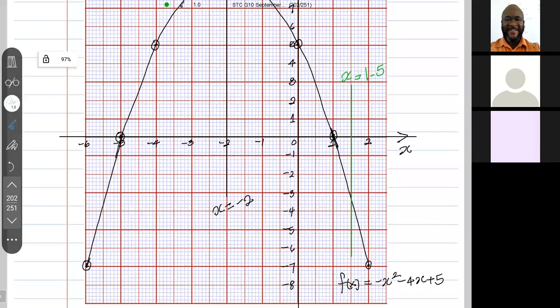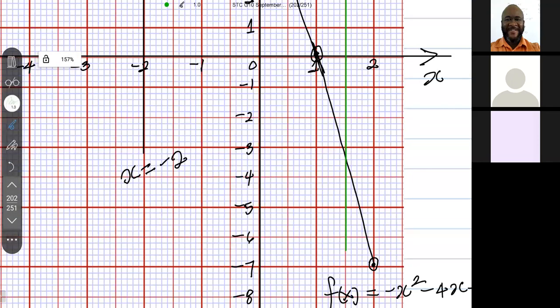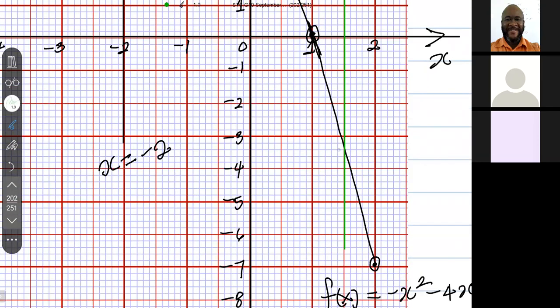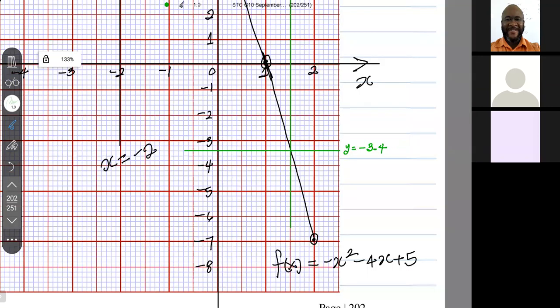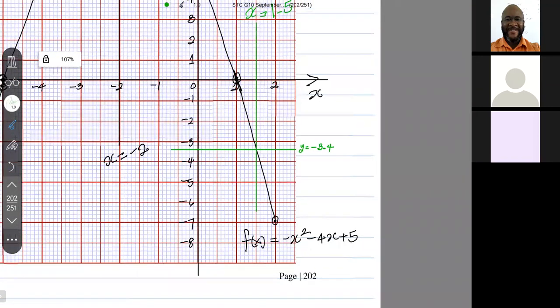And this cuts the graph here. I would say here. And this is y is equal to minus 3.4.